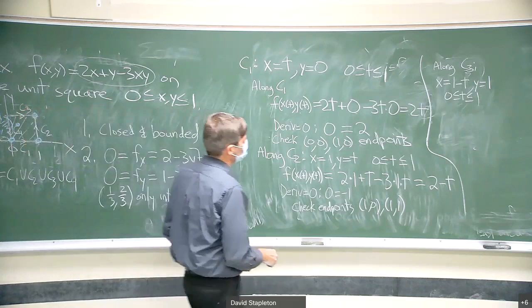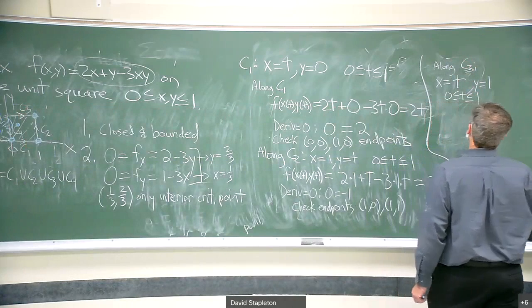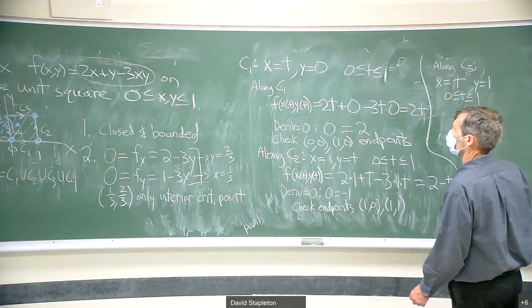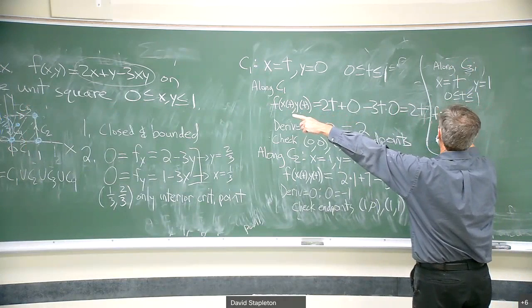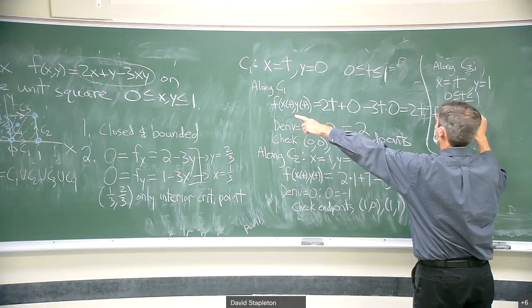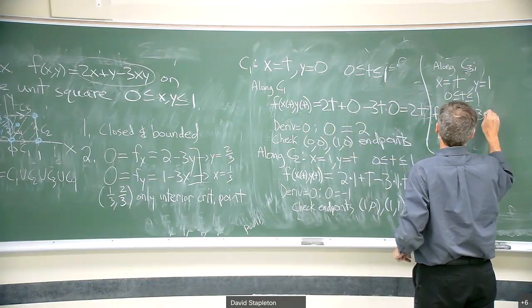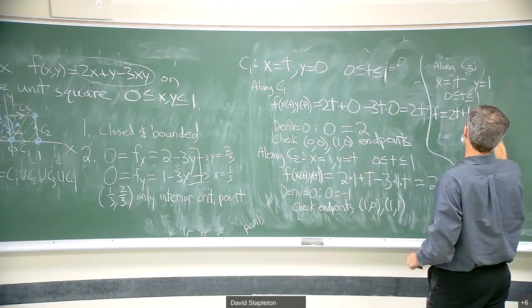We just want to check the boundary. So let's let x equal t, just be simple, y equal 1. And now along that boundary, what have we got? We've got f is equal to 2x is 2t, plus y is plus 1, minus 3xy is minus 3 times t times 1. So it's 2t minus 3t is minus t plus 1.